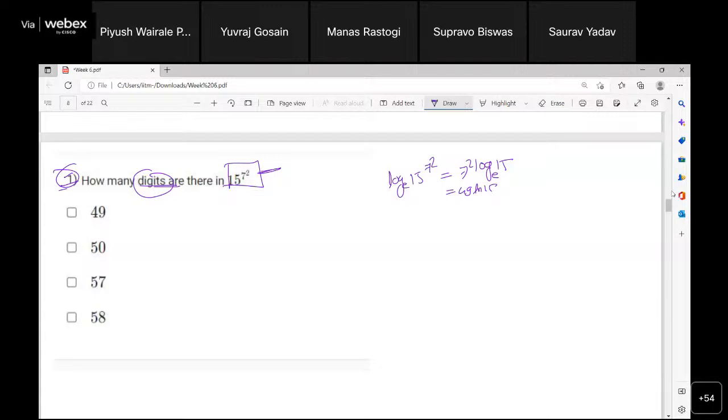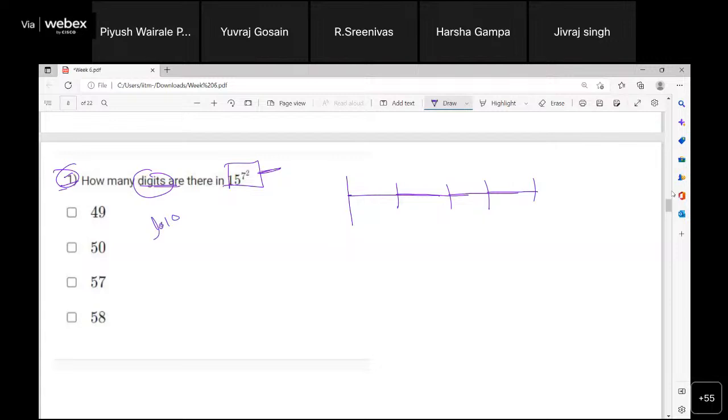We can write ln of 15 as log 5 plus log 2. But do we get the number of digits from that? No, sir, no approach. Can you give time for 2-3 minutes? Okay, yes, think. It is something related to base 10, log to the base 10, the common base. Now just think about that.